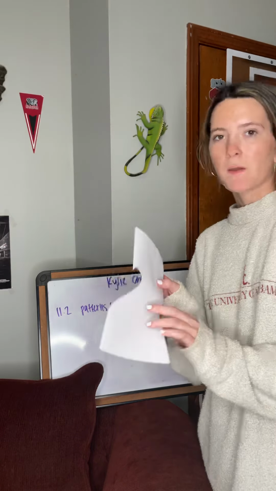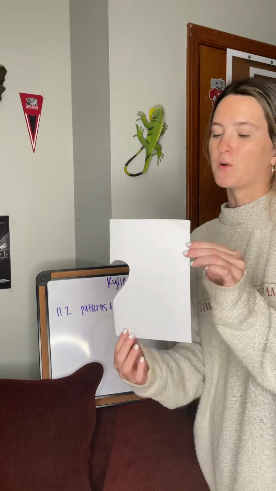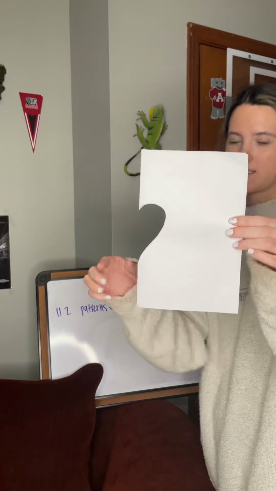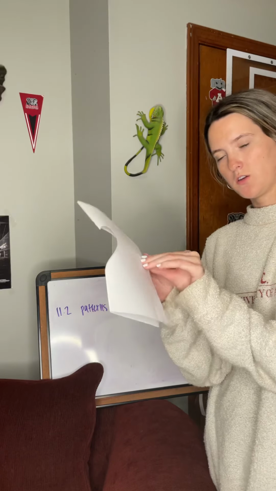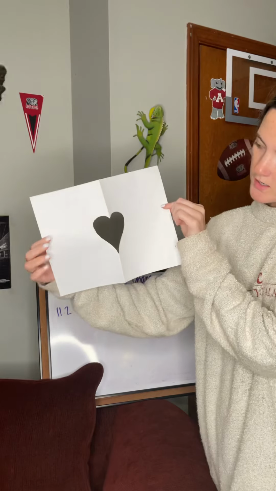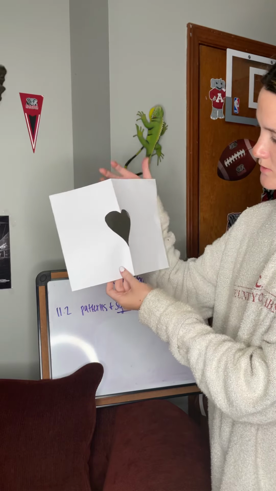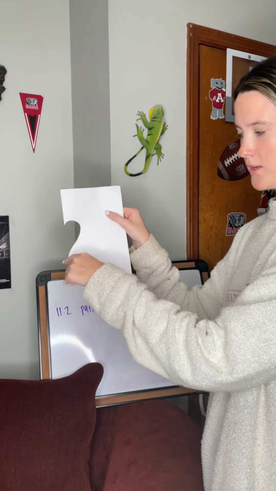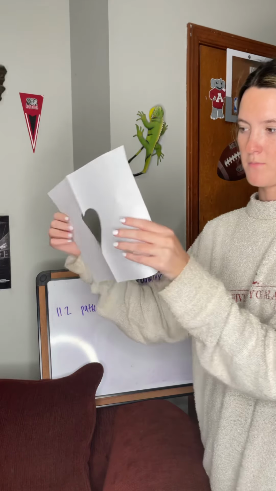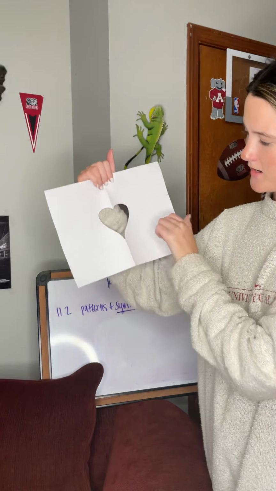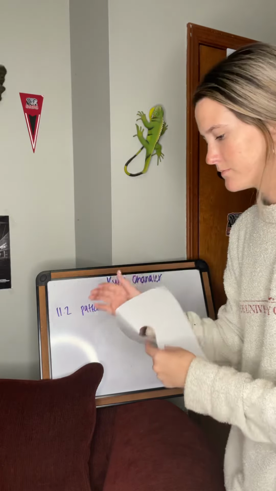So if you have a piece of paper and you fold it in half, fold it one time, and you cut this shape in the center of the side that is folded, you're going to open it up and you're going to have a heart. So this one was folded over once, and you cut the shape, and now the shape is on both sides. So both sides are exactly the same, and because of that, it forms a heart in the center.